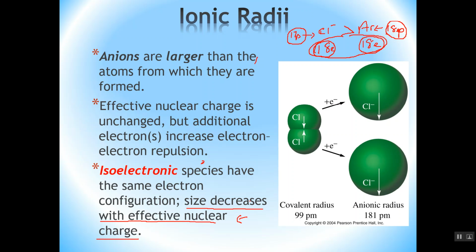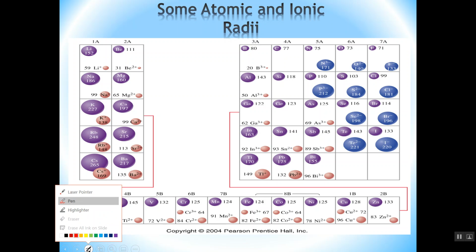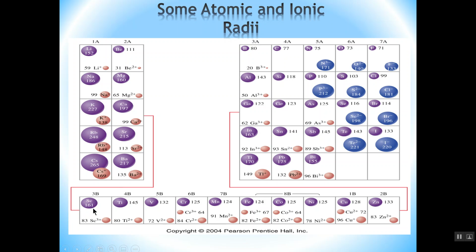You're going to see the importance of that in some problems we're going to see later on. But before we get to that, I just want to show you this table. I like this table because it summarizes the different trends that we were talking about earlier.